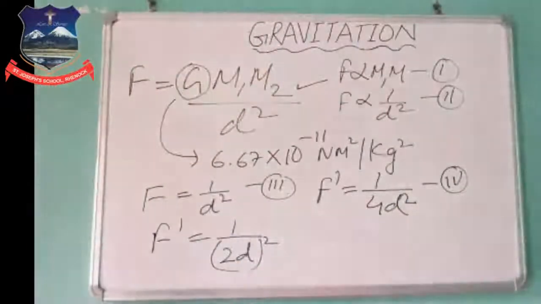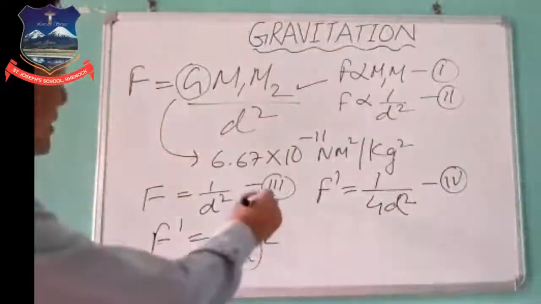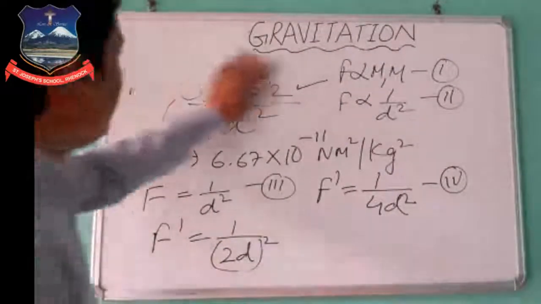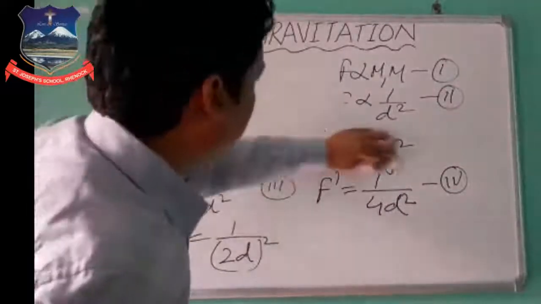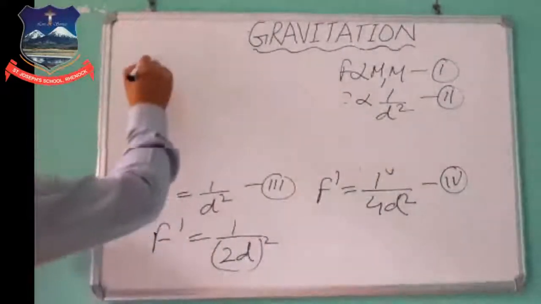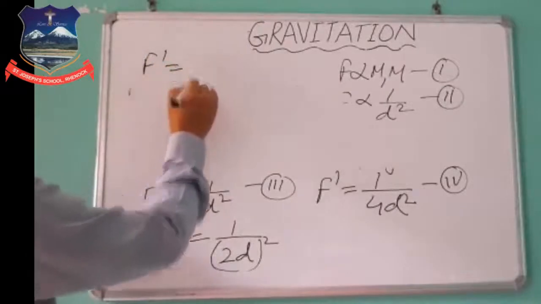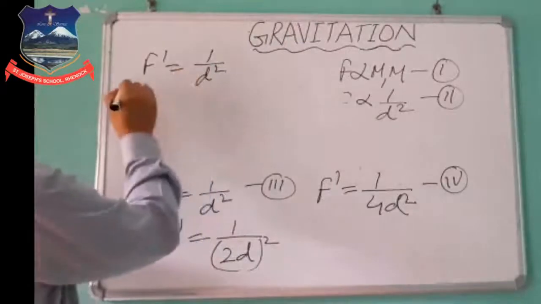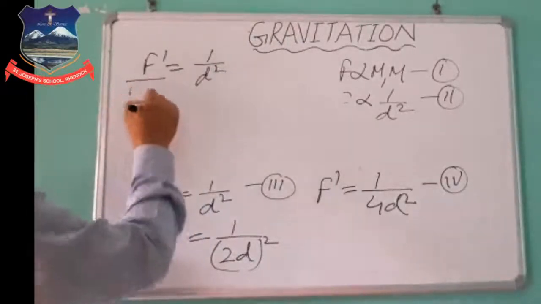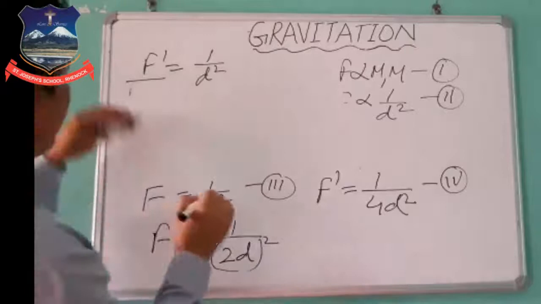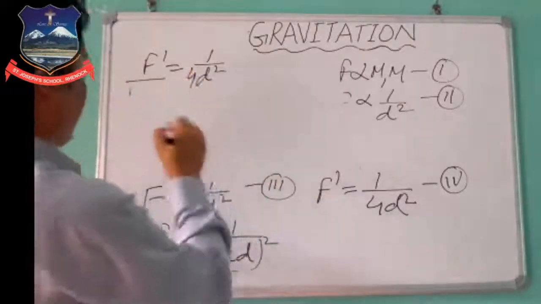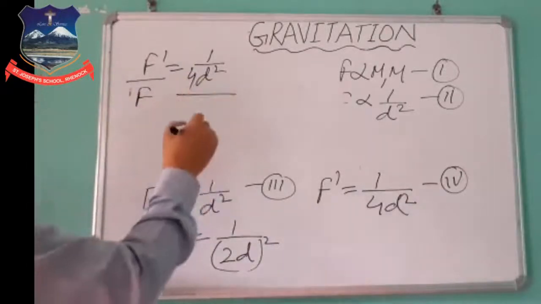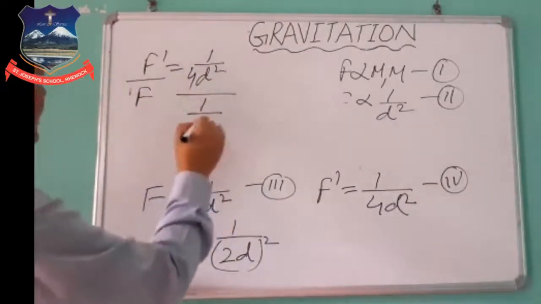Now dividing equation 4 by equation 3. Equation 4: F dash equals 1 upon 4d whole square, divided by F equals 1 upon d square.